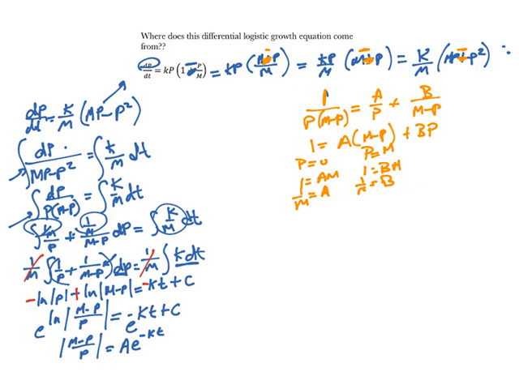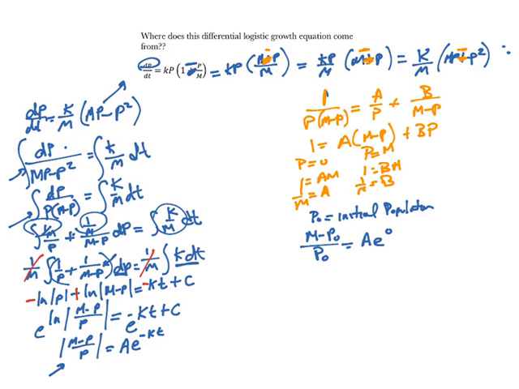Since p sub 0 is your initial population, the carrying capacity minus the initial population divided by the initial population really comes from, if you think about this formula, a e to the 0, because initial means 0.